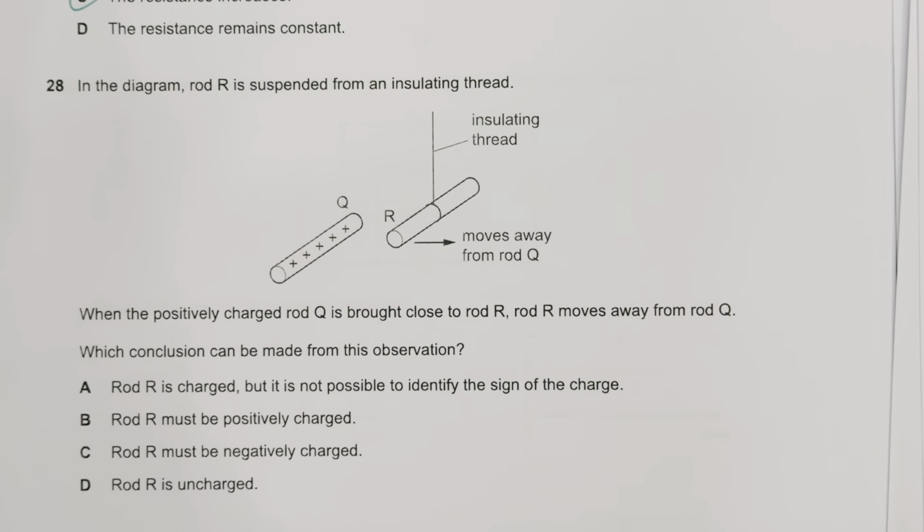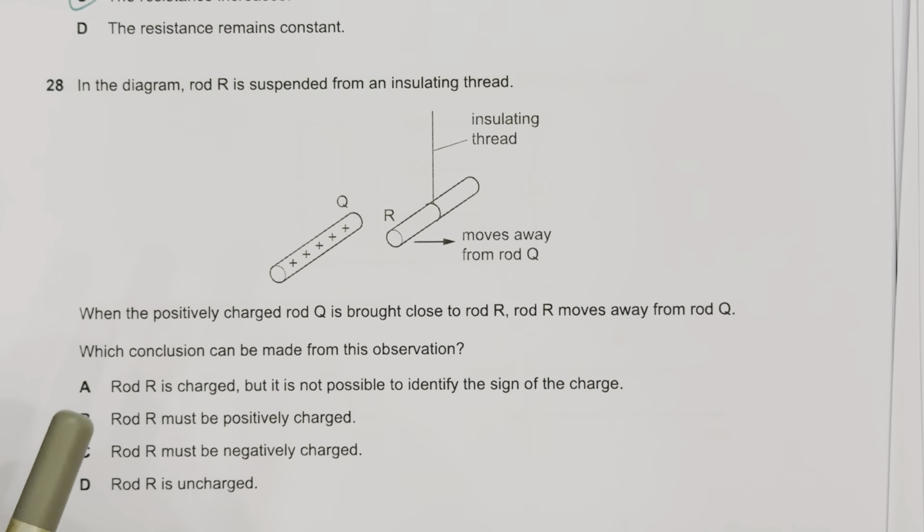In the diagram, rod R is suspended from an insulating thread. When the positively charged rod Q is brought close to rod R, rod R moves away from rod Q. What conclusion can be made from this observation?